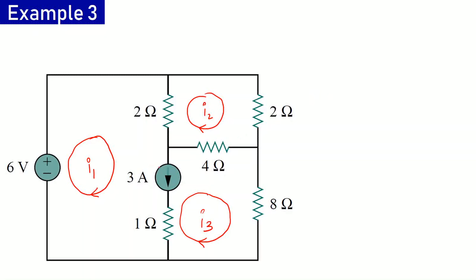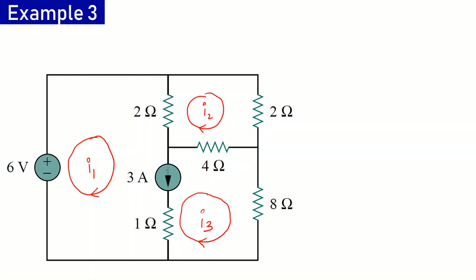Here we see that this 3 ampere current source lies in a branch which is common between meshes 1 and 3. So we can find a relationship between I1 and I3 in terms of the current made to flow in this branch.